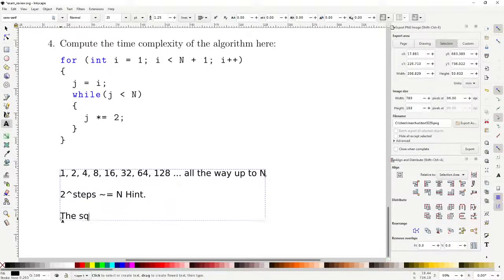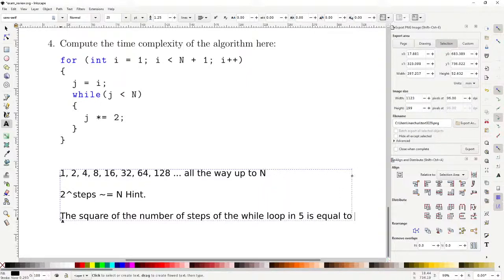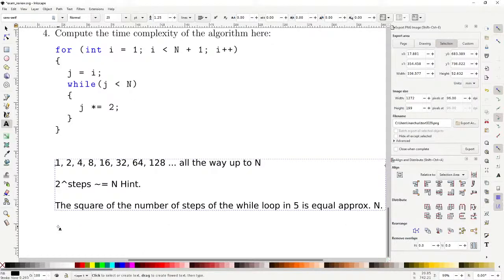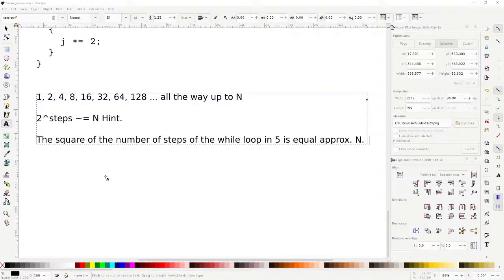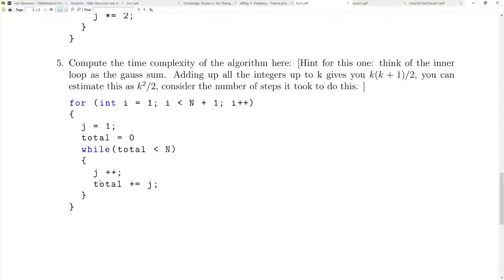The square of the number of steps of the while loop in 5 is approximately equal to n. And that's the big hint. So that's how to attack that problem.